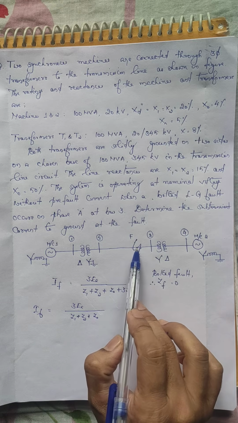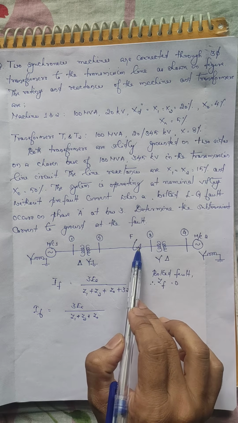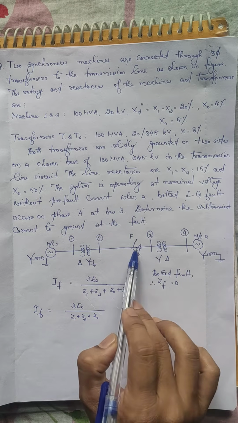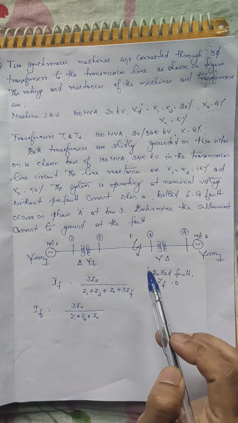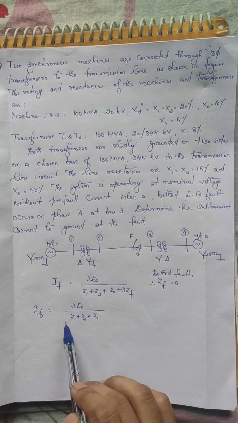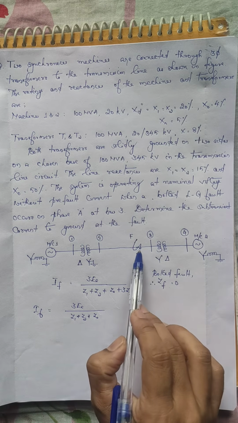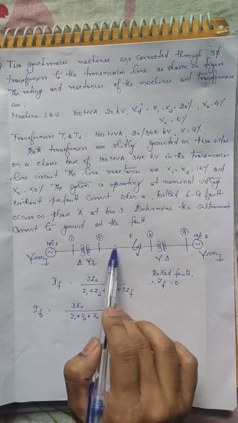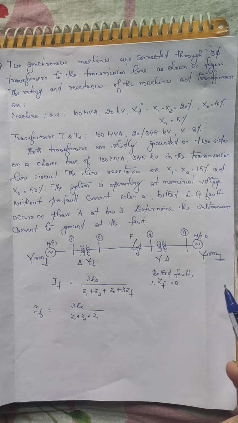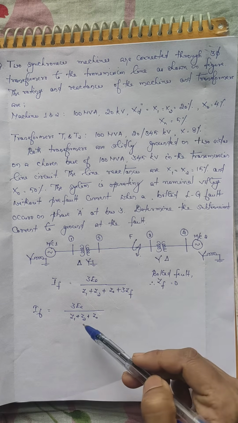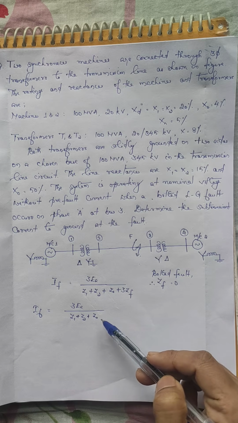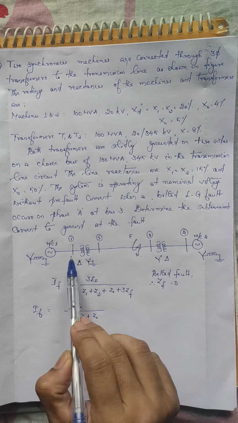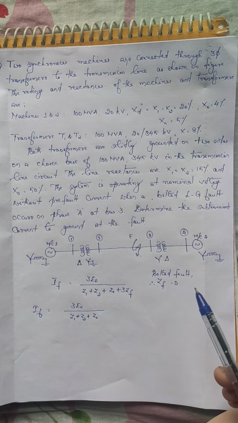If a fault occurs on this particular point, current from the remaining parts of the system will flow towards this fault point. So while calculating the fault current, Z1 will be the total positive sequence reactance of this entire system. Similarly, Z2 and Z0 represent the total negative and zero sequence reactances of this entire system.